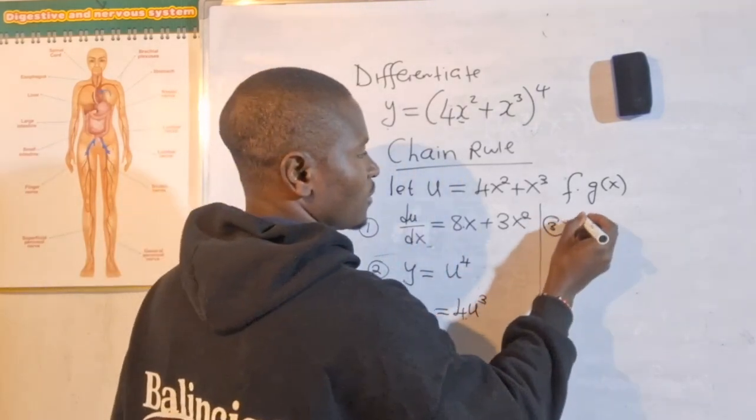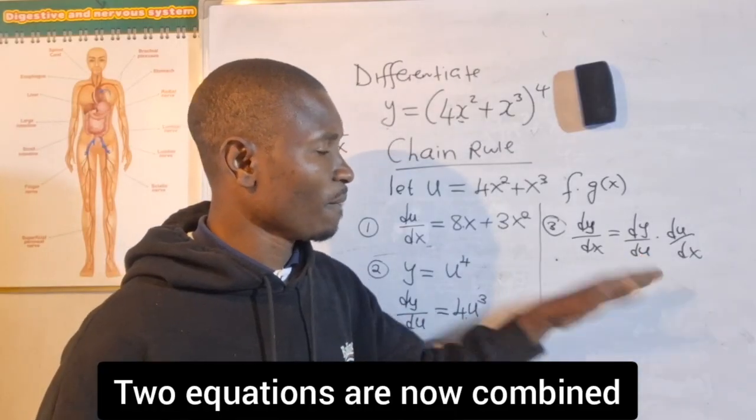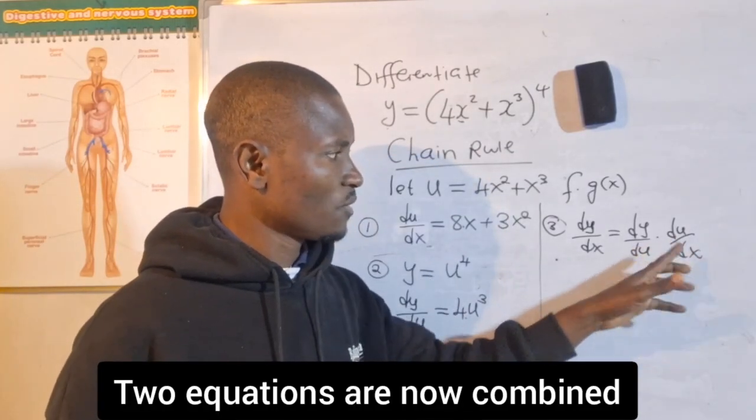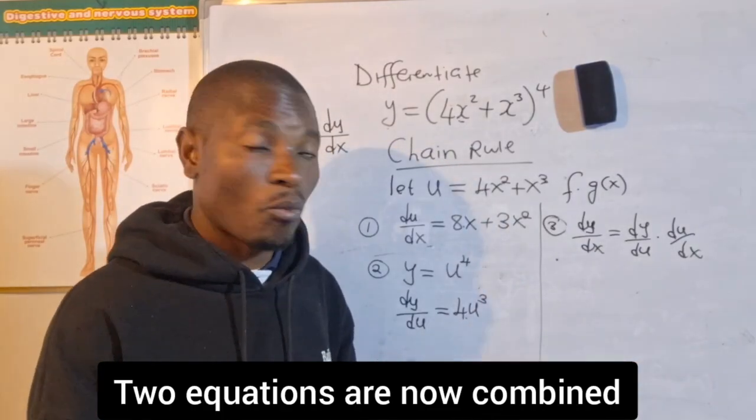Now, when you look at these two, you can literally now see that we've got du, obviously somehow cancelling, but we are just multiplying.